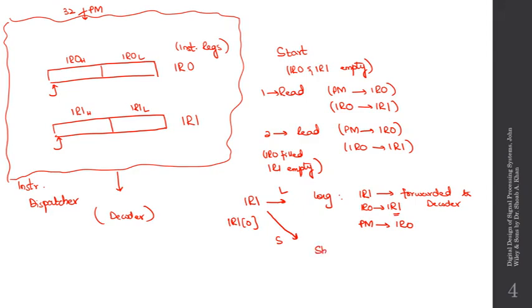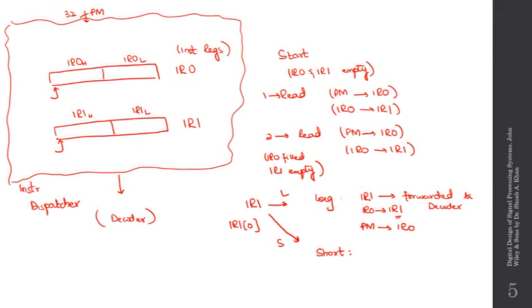This is the easier case of the two. Now coming to the short instruction. Considering the case of a short instruction, the work of the instruction dispatcher increases immensely. Now we'll be forwarding the lower part of IR1 to the decoder.